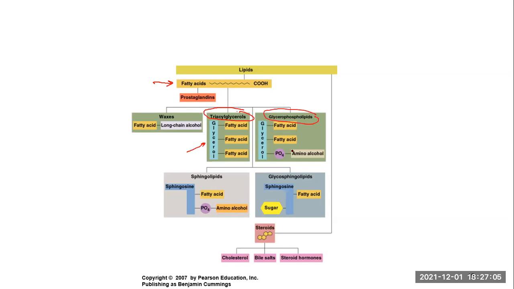Glycerol phospholipids, sphingolipids, glycosphingolipids, and obviously the steroid nucleus. Each of these will go into a little bit of detail in this chapter, but ultimately one thing you do need to know for the final is what makes up each of these different types of lipids.